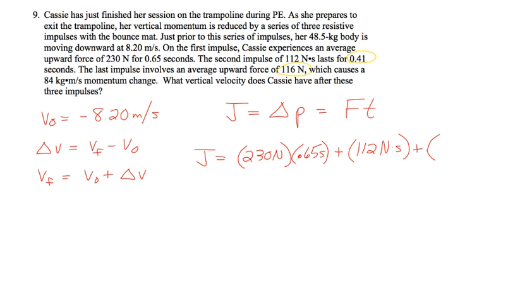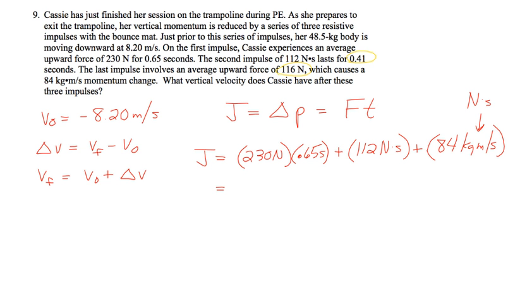So that's going to be 84 kilogram meters per second. Now, if you look at this, I get newton seconds here, and I get newton seconds here. Well, this number is the same thing as newton seconds. So I'm just going to add those three up, and that's going to give me my total impulse.